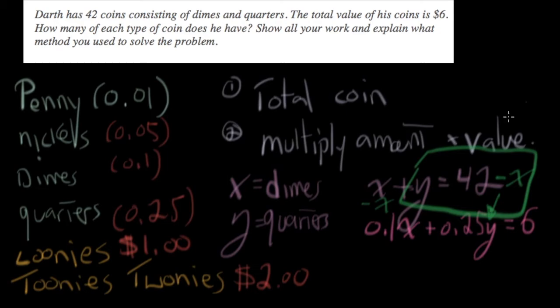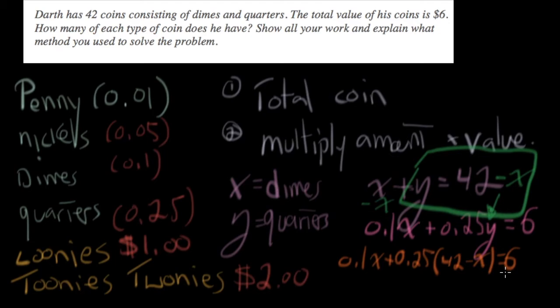So I would end up having 0.1x plus 0.25 times y, which is 42 minus x, is equal to 6. And I would solve that for x.